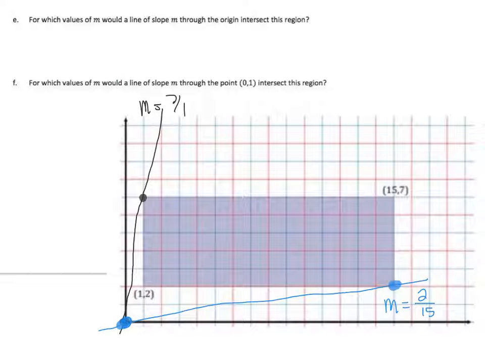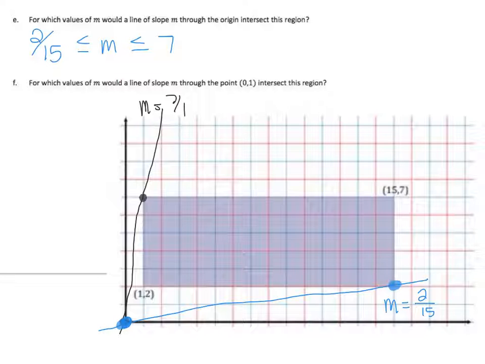So any m value in between there would be a valid answer, right? So I could use, say, an inequality. Let's see. 2/15 less than or equal to m less than or equal to 7 would work.